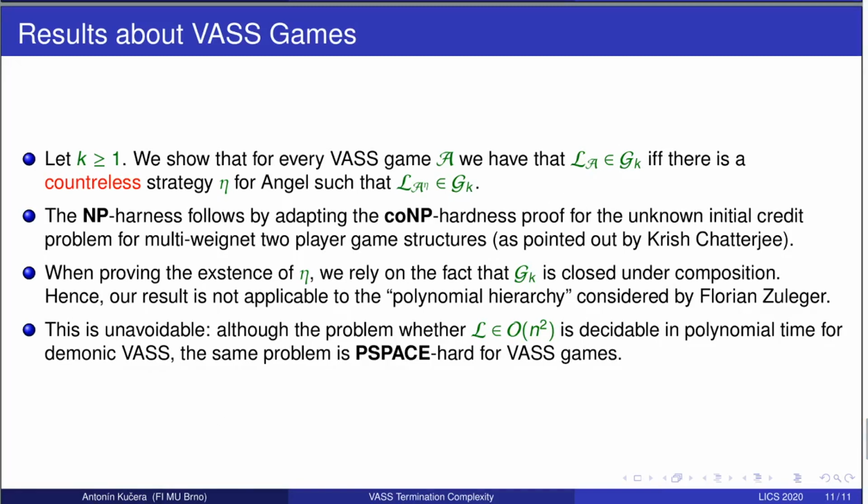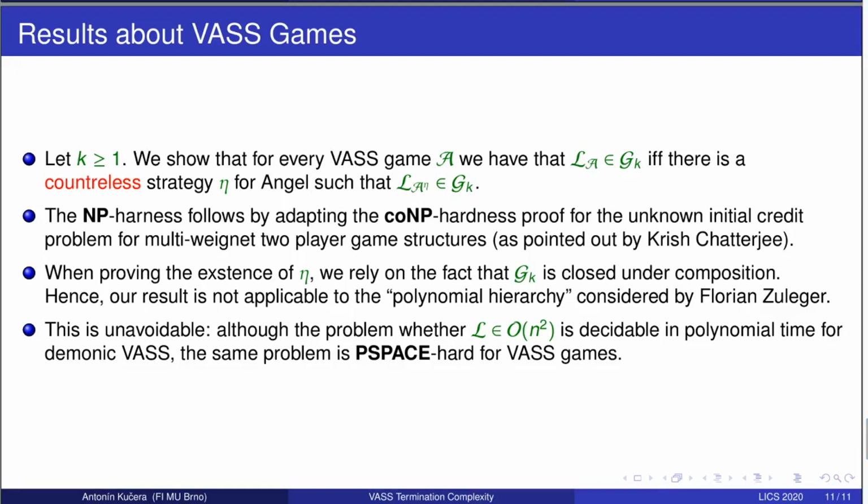The membership to NP follows by observing that the termination complexity of a given VASS game A belongs to the class G_k if and only if there exists a counterless strategy eta for the player Angel such that the termination complexity of the demonic VASS obtained from A by applying the strategy eta also belongs to G_k.